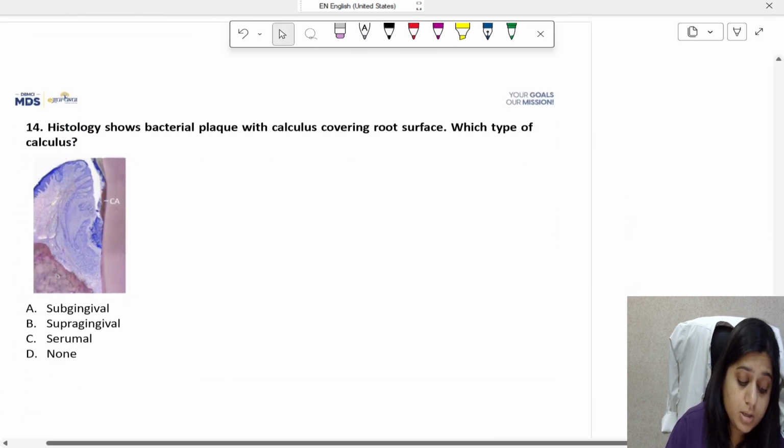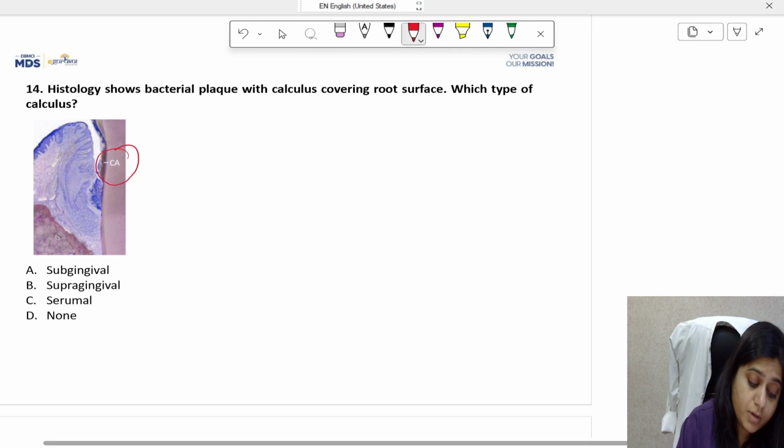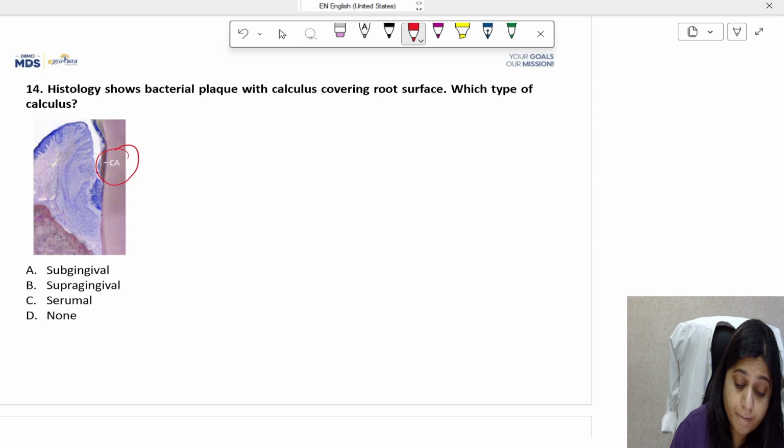Now the next question. Histology shows bacterial plaque with calculus covering the root surface. So here they have given that it is a calculus. Which type of calculus is this? Subgingival calculus, supragingival calculus, serumal calculus, or D, none of the above. Here, it is a subgingival calculus.